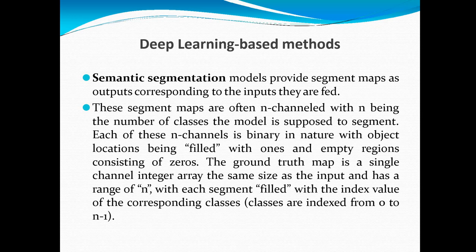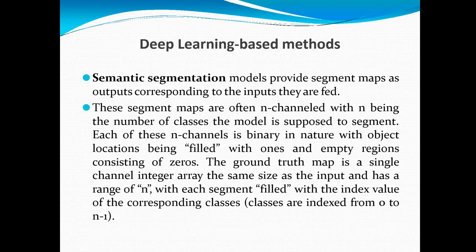Deep learning based methods. Semantic segmentation models provide segment maps as outputs corresponding to the inputs they are fed. These segment maps are often n-channeled, with n being the number of classes the model is supposed to segment. Each of these n channels is binary in nature, with object locations being filled with ones and the empty regions consisting of zeros.